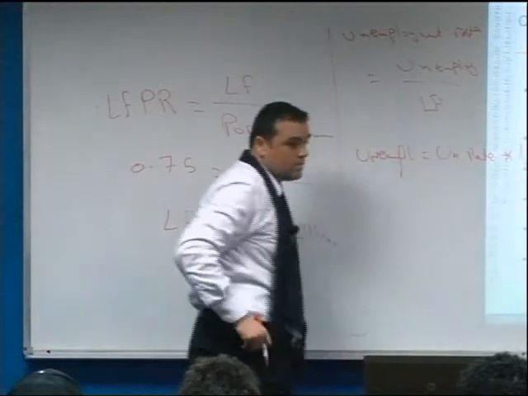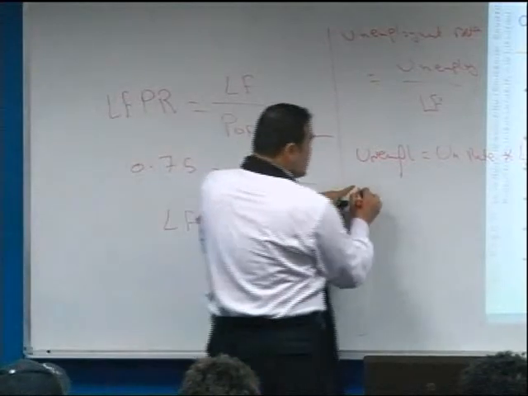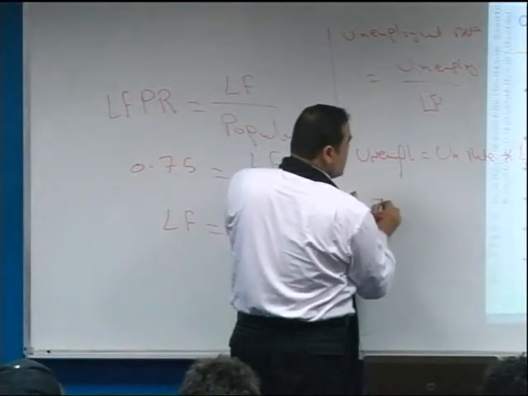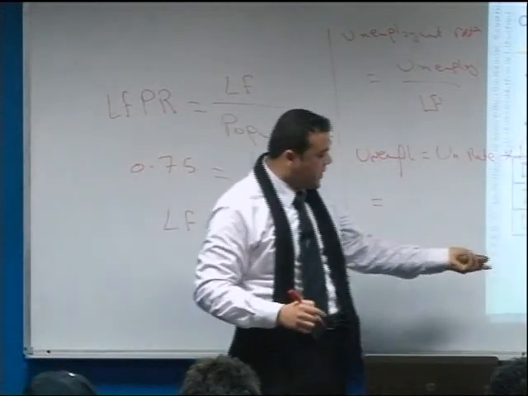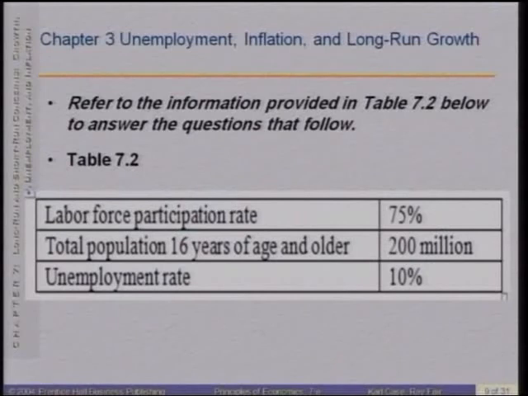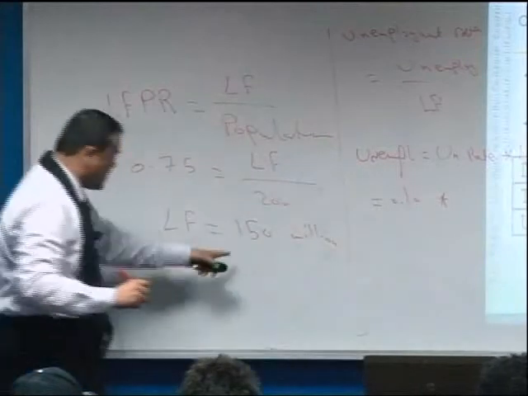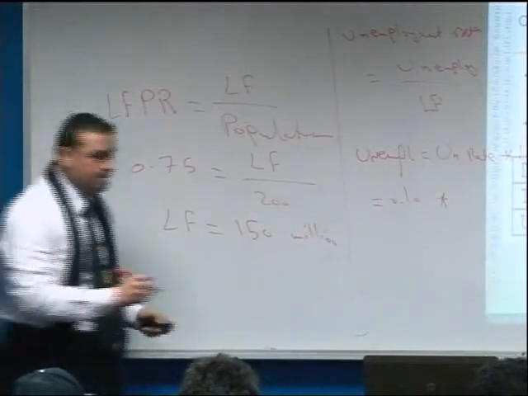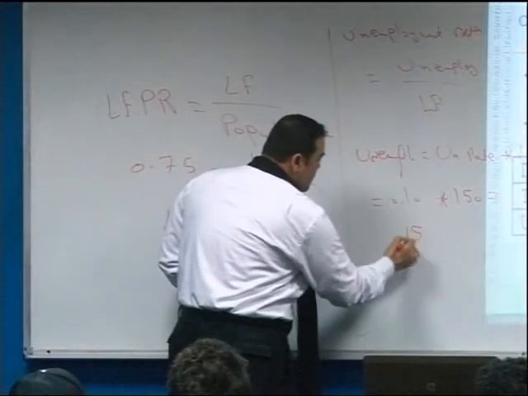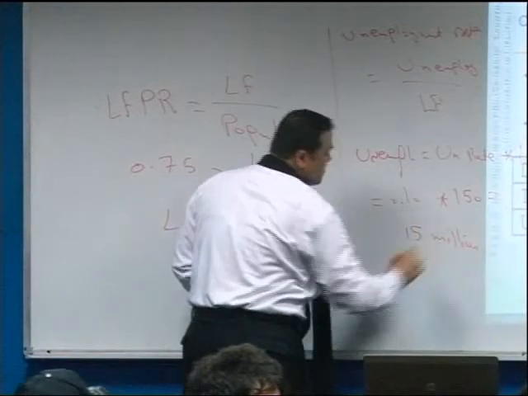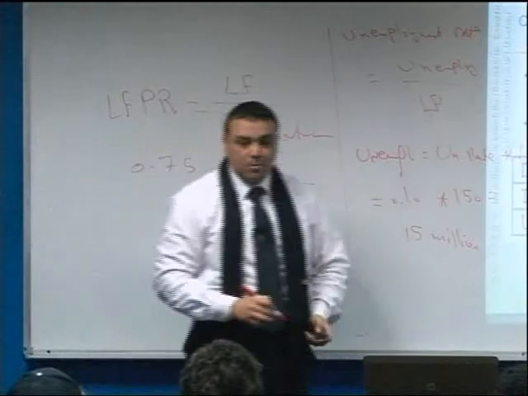Labor force 150. So in this case, unemployment rate 10% times the labor force. The labor force in this case equals what? 150. 15 million. Right? So what's it? It's the number of unemployed.